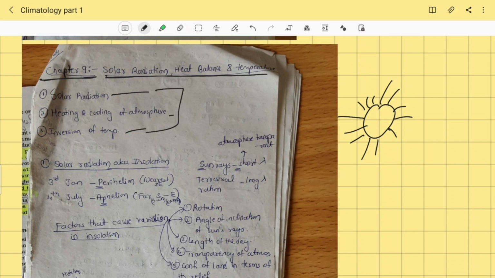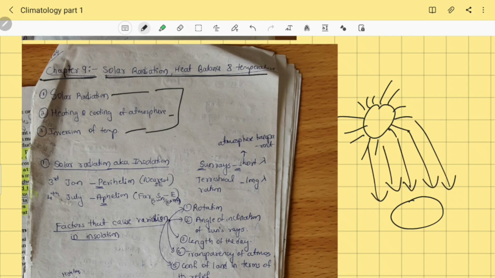In the same way, the short form for incoming solar radiation is insolation. First thing you need to know about that. So whenever you hear the word insolation or solar radiation, it's the incoming energy received by earth from the sun, right? So here we have earth, and this energy we receive is known as insolation.